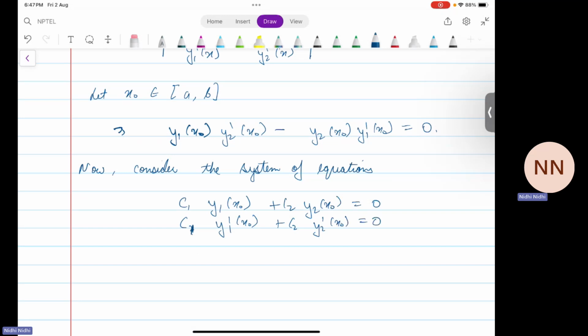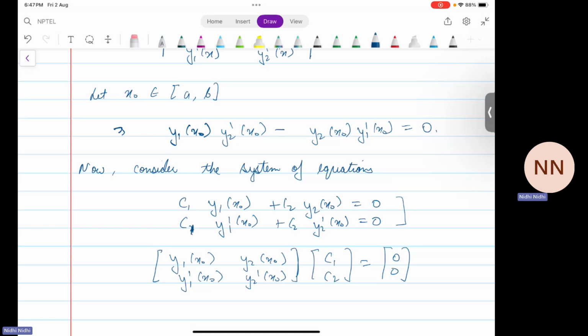We all know that we can write this system as a product of matrices: y1(x naught), y2(x naught), y1 dash(x naught), y2 dash(x naught), times c1 c2 is equal to 0.